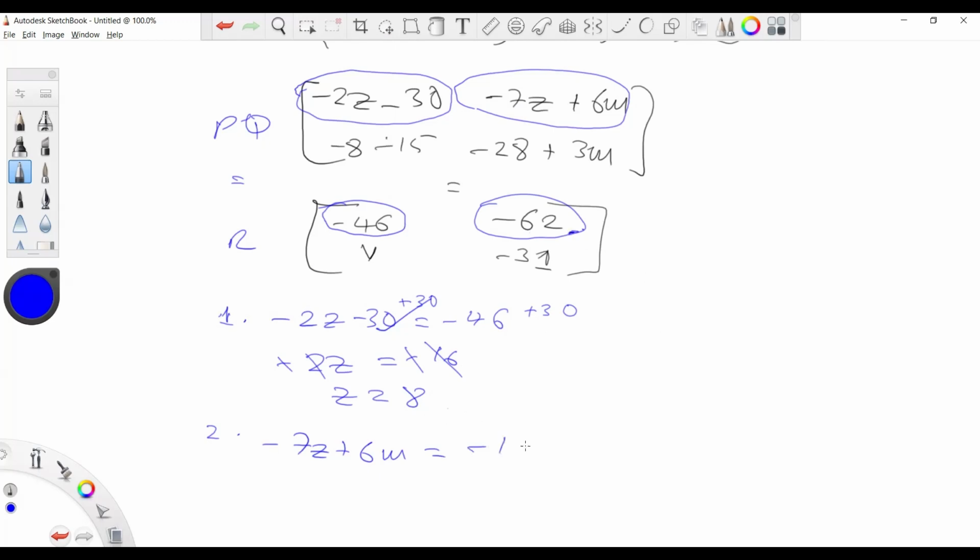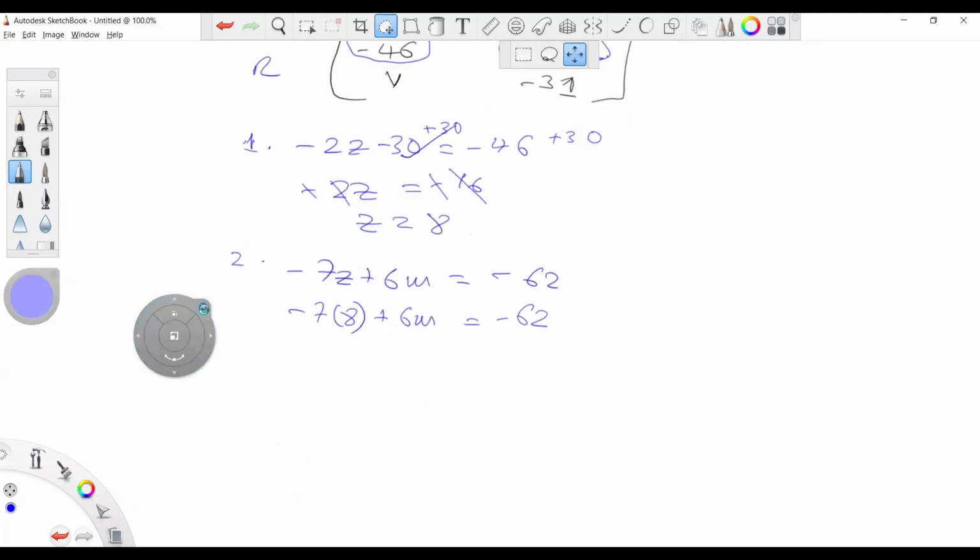So this is equal to -62. We know now that z is 8. So -7 times 8 plus 6w is equal to -62. -7 times 8 is -56, right? Plus 6w is equal to -62.